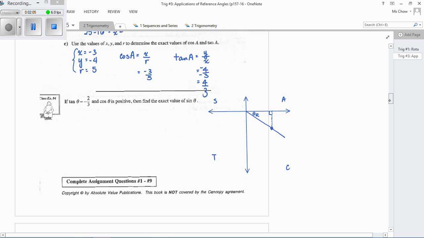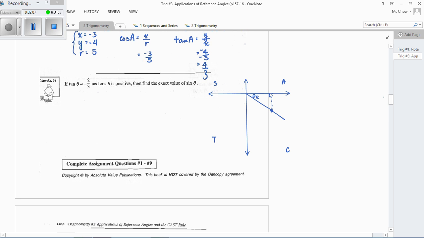So let's take a look at class example number 4. It tells us that tangent of theta is equal to negative 2 over 3, and cosine of theta is positive. So if tangent of theta is negative and cosine is positive, then we have to be looking at quadrant 4, because that's the only place where we have a positive cosine but a negative tangent ratio. You can see that I've sketched in a terminal arm.